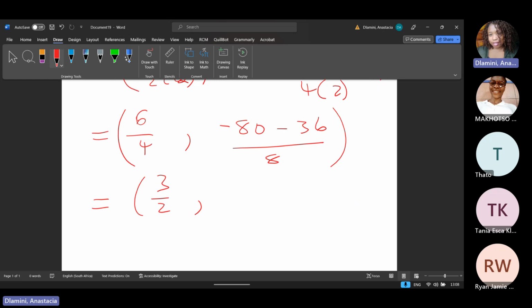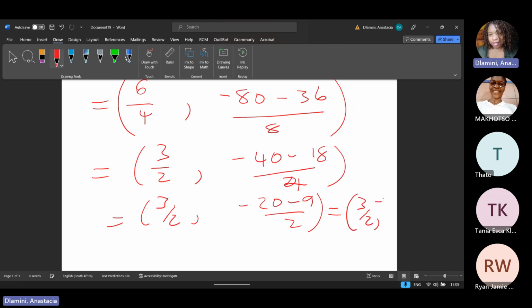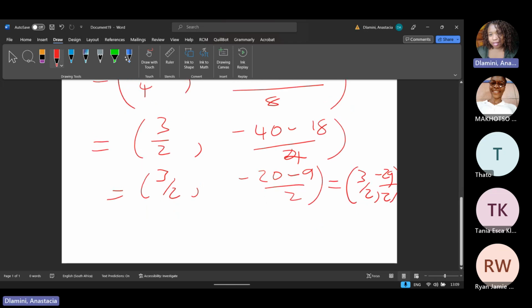If I divide by 2, -116 over 8 becomes -58 over 4, and dividing by 2 again, that will be -29 over 2. So this equals 3 over 2, comma, -29 over 2. Do you see where I'm going?